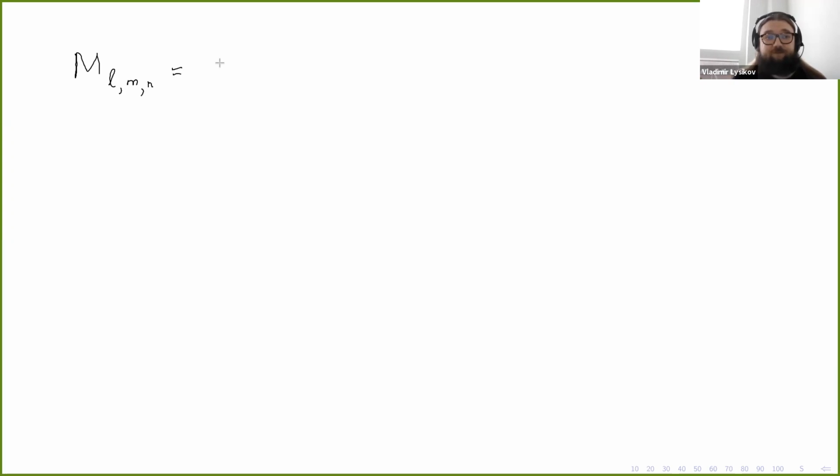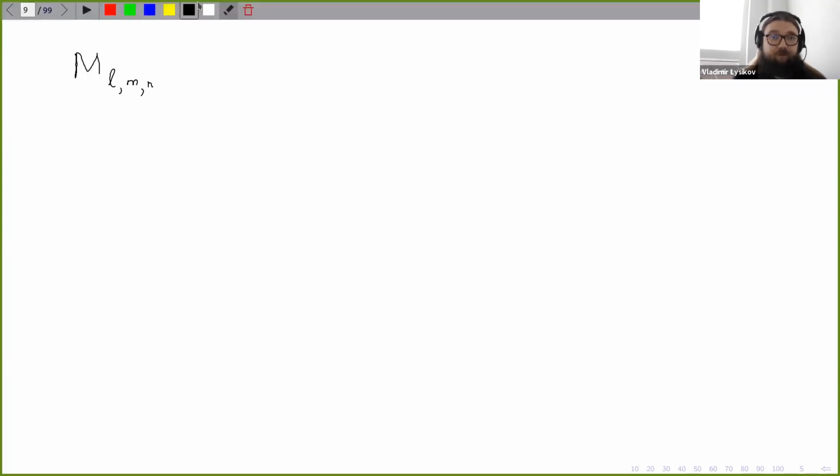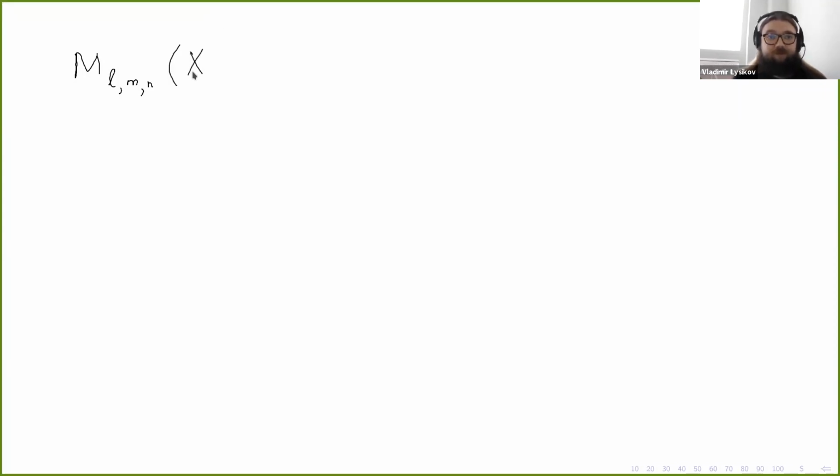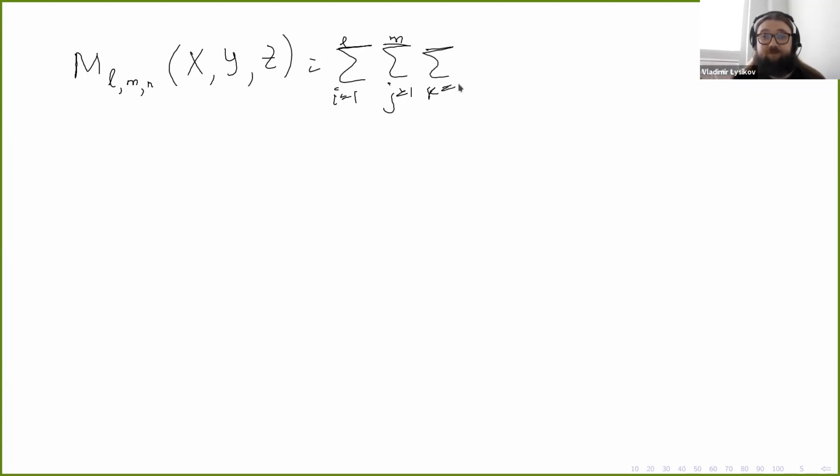It is a tensor. It takes 3 matrices and gives us a sum, where i goes to L, j goes to M, and k goes to N.